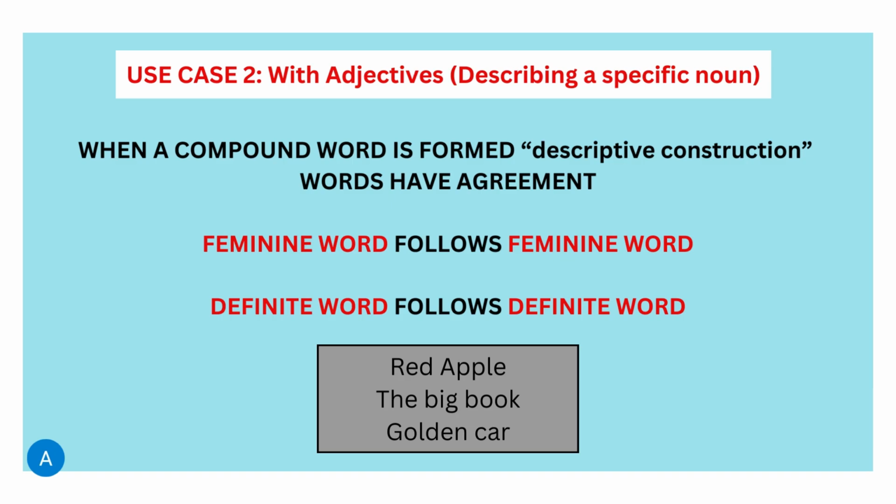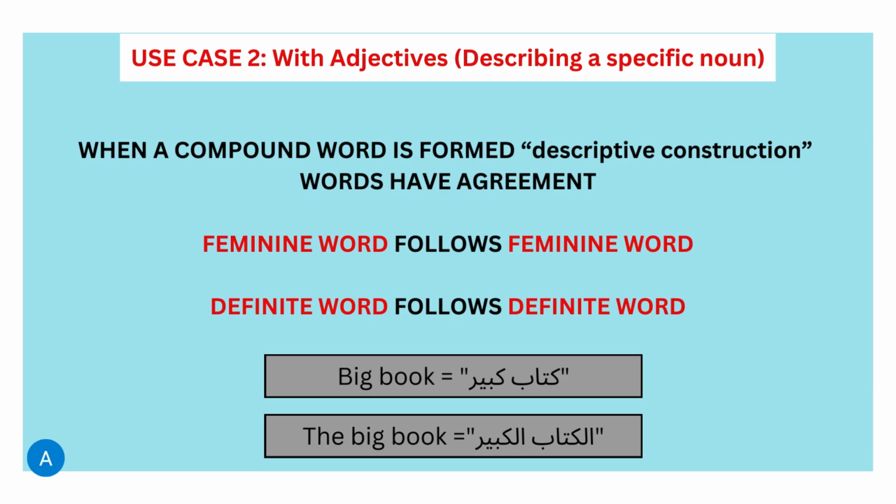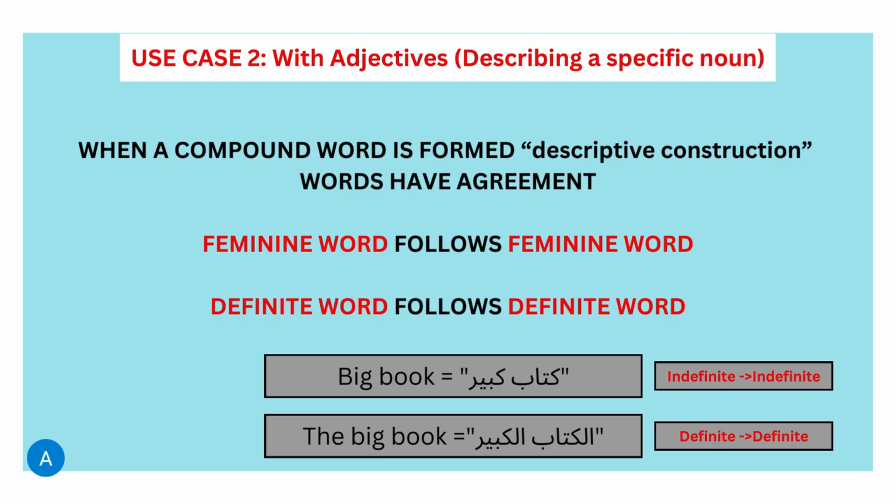They are describing the book or the car, so they're describing the noun. If there is a feminine word, it should follow a feminine word. If it's a definite word, it should follow the definite word, such as kitab kabir, indefinite, indefinite. Al-kitab al-kabir, definite, definite.